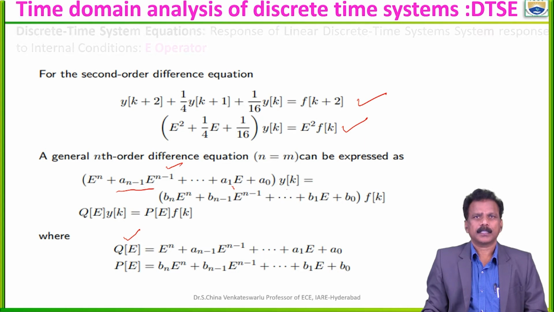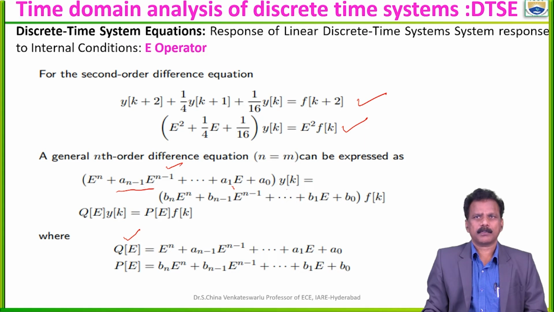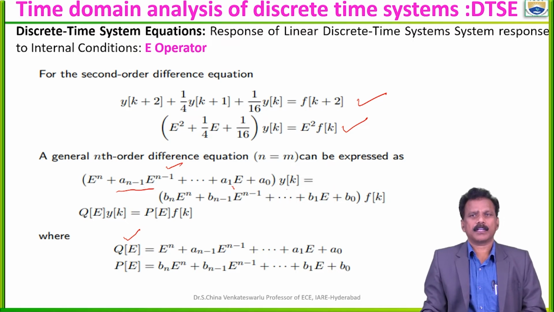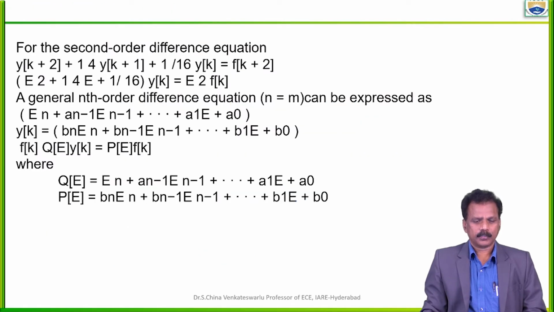Okay, so like this, the response of the linear discrete time system to an internal condition is affected by the operator. With this, the second order difference equation analysis is based on the general nth order difference equation, which can be expressed as a mathematical model. For the second order difference equation, y of k plus 2 plus 1 by 4 y of k plus 1 plus 1 by 16 y of k is equal to f of k plus 2.